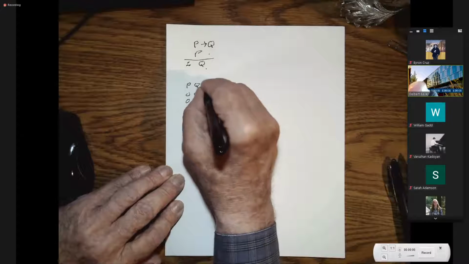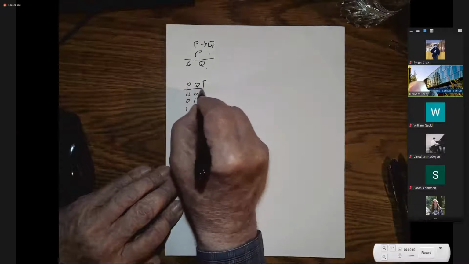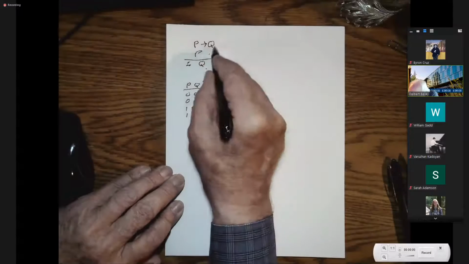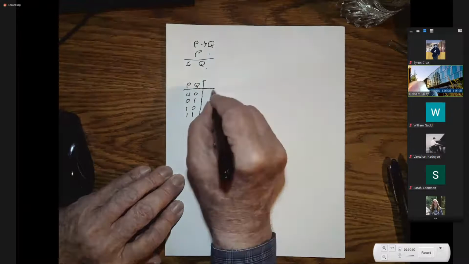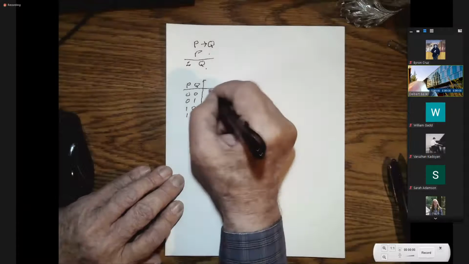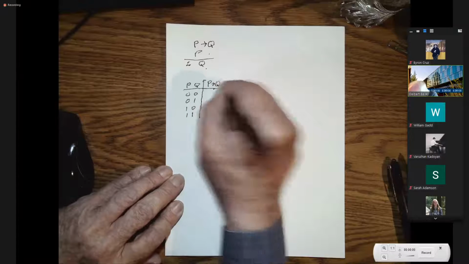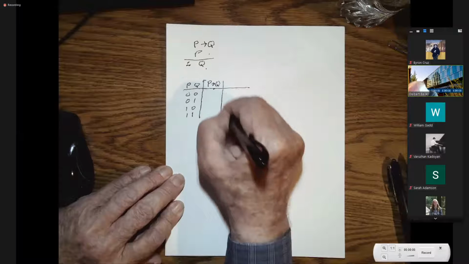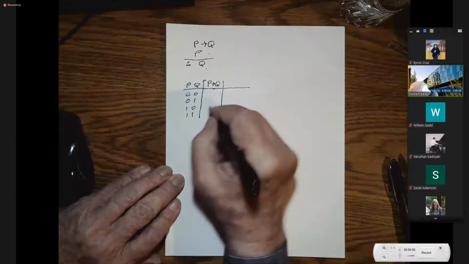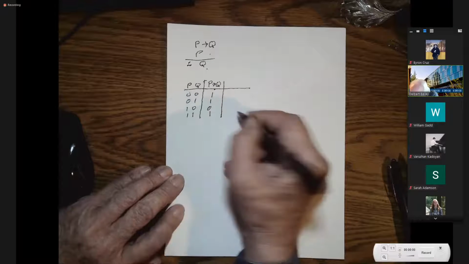Okay, so the first thing we're going to look at is the truth values for the premises. We only have two here. One is P implies Q. That's 1, 1, 0, 1.